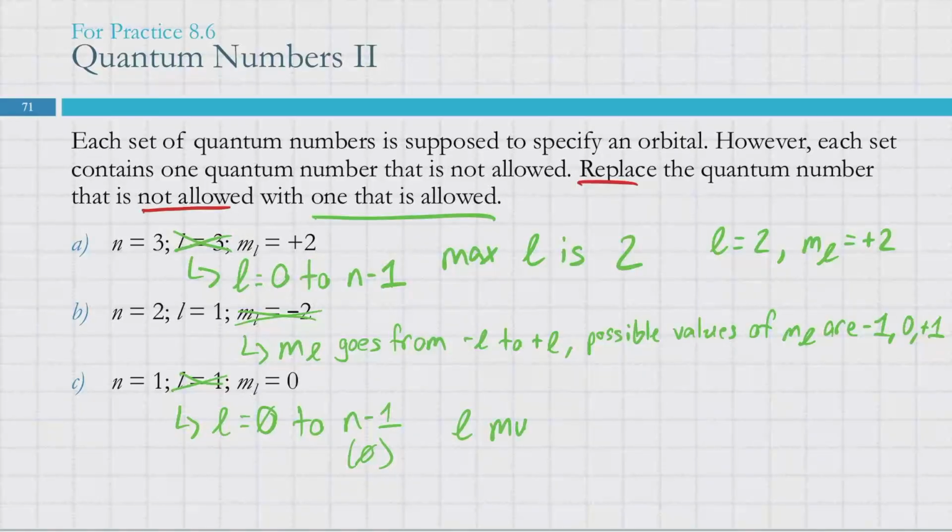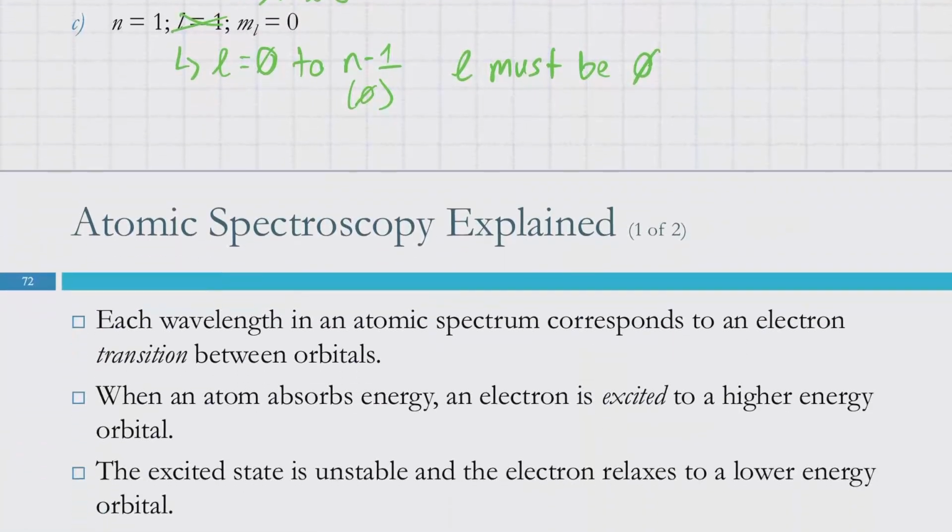So L must be 0. And then m sub L is allowed because negative to positive for 0 is just 0. That's our only value. Questions about any of those? All right.